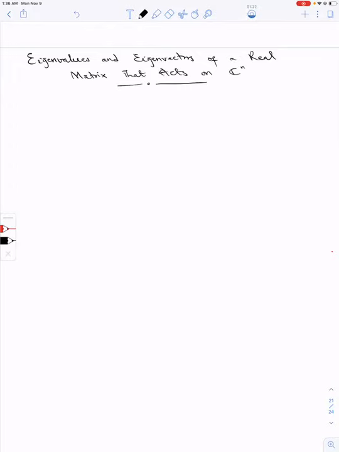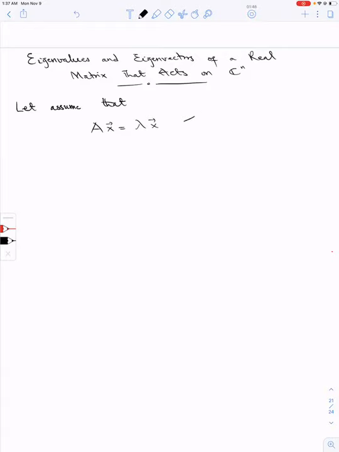Now, what does it necessarily mean for A to have complex eigenvalues and complex eigenvectors? What are they going to look like? So here, let's assume that Ax equals lambda x, where x is an eigenvector and lambda is an eigenvalue.